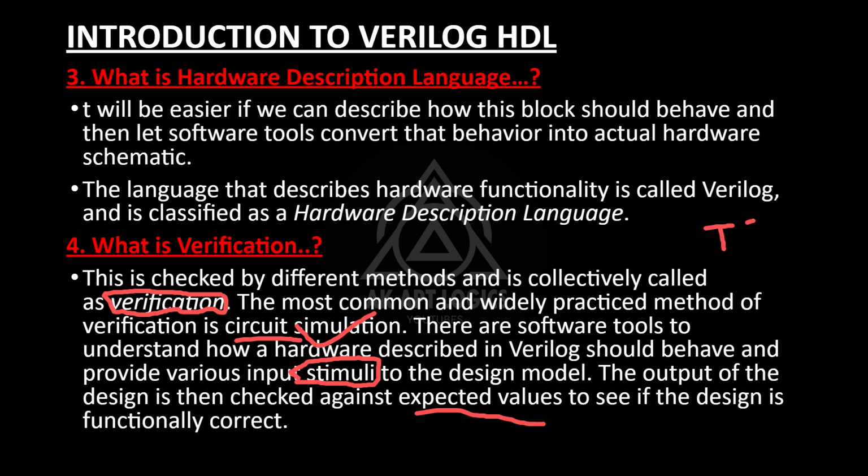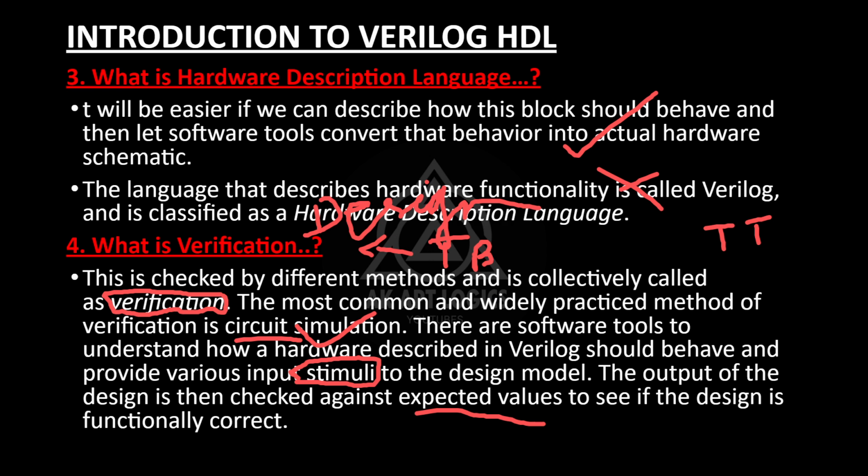You have applied the TB stimulus to the design code and you are getting some result. How do you say that the output you get is correct or wrong?